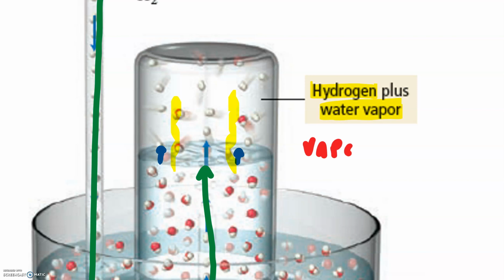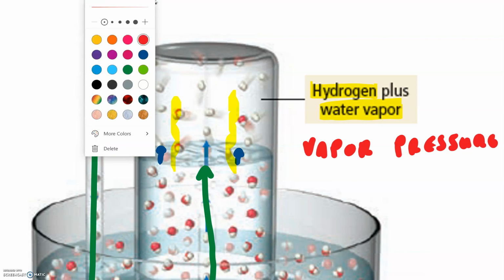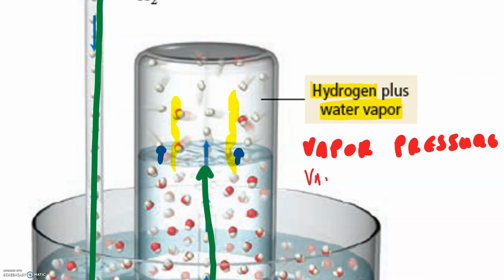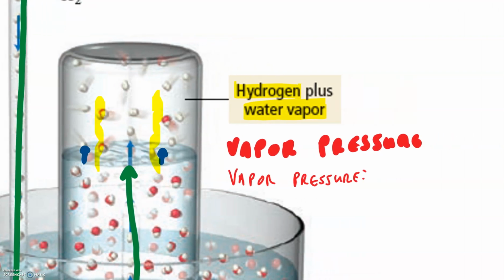We're going to call that vapor pressure. Sorry that my ink is so big. Let's make that a little bit smaller so that you can read that. Vapor pressure. And it's a function of temperature.